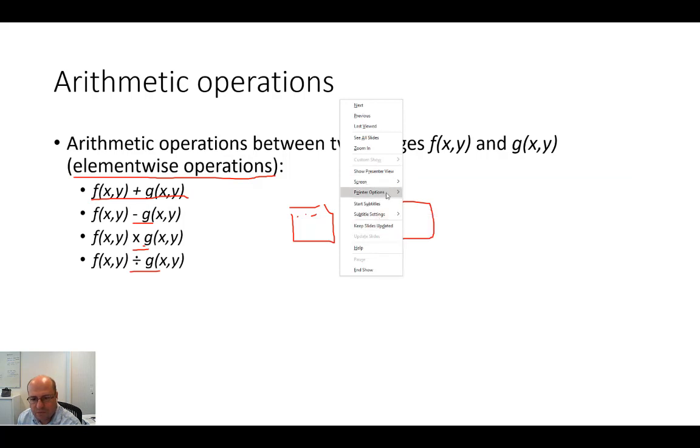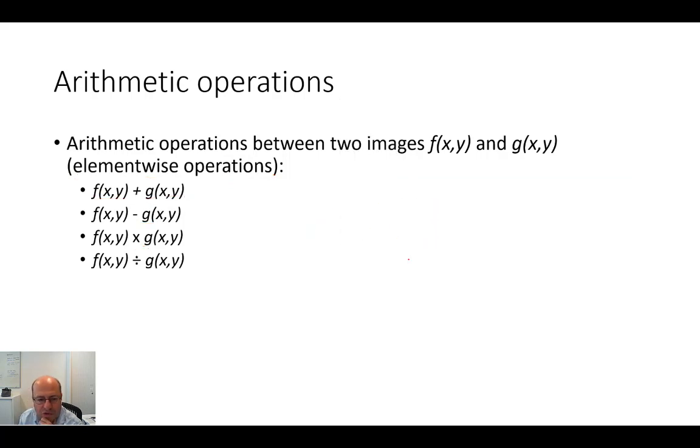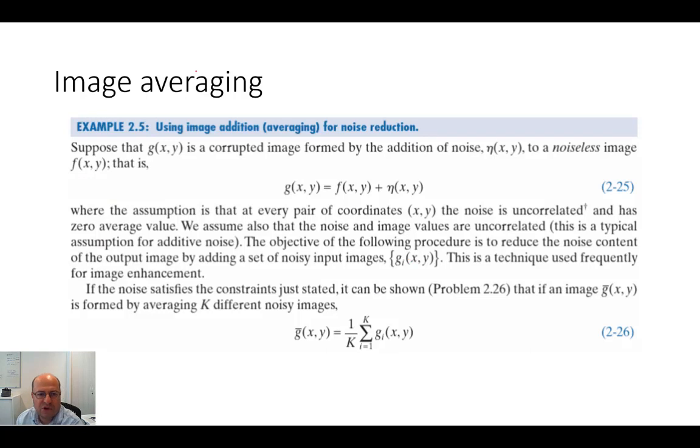One of them is image averaging. Given that you have a bunch of images of the same structure, let's say a galaxy somewhere in space, let's suppose that we have k images of a galaxy.